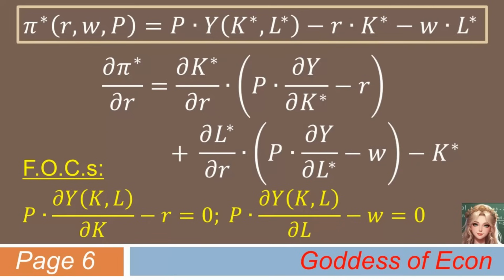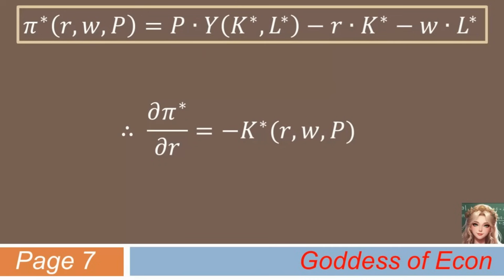According to the first-order conditions, the expressions in parentheses should become 0 at the optimum. And anything that is multiplied by 0 is just 0. Quite a neat result, isn't it? What this all means is that the first two terms on the right-hand side of the equation all become 0. So, we're essentially left with the last term only.